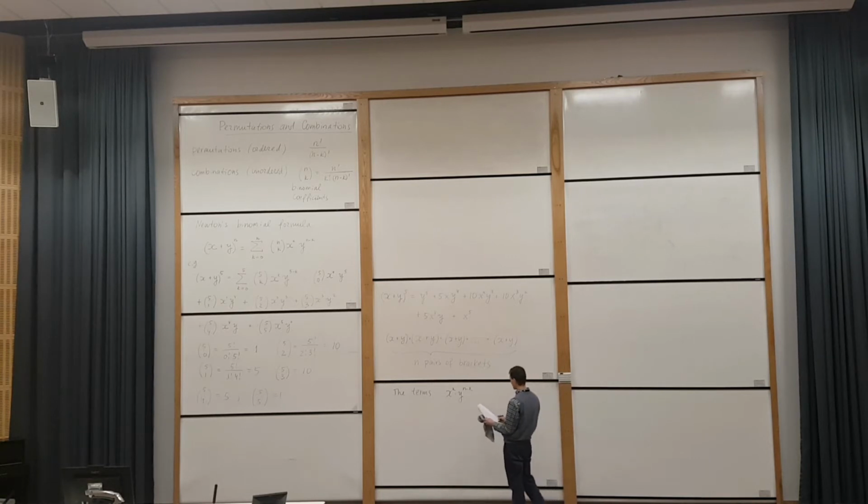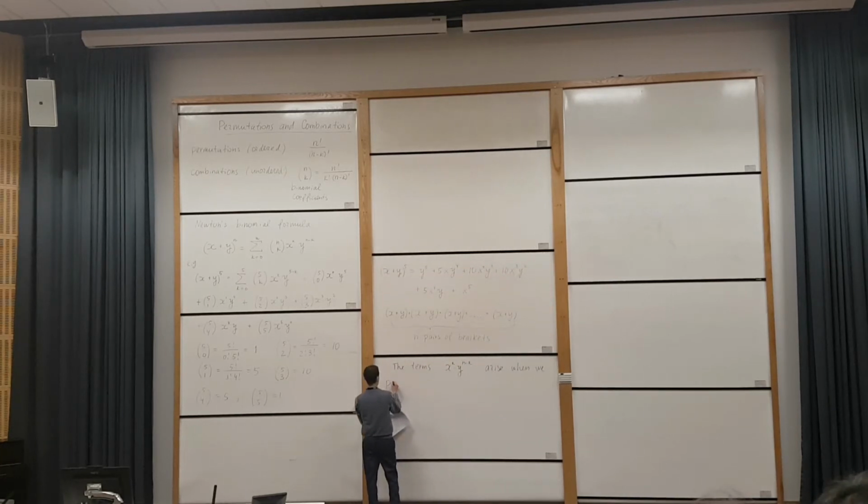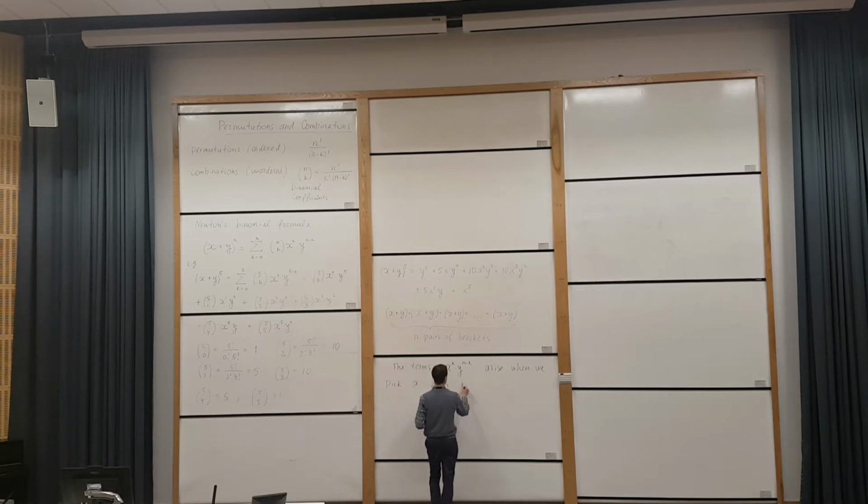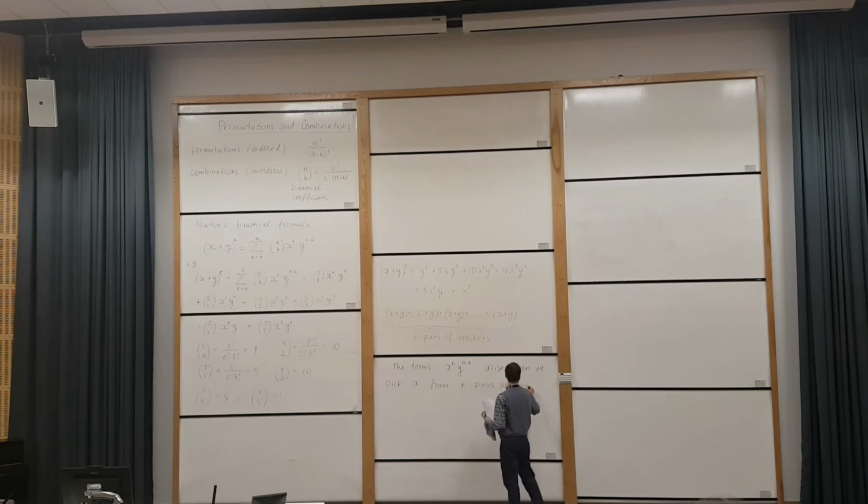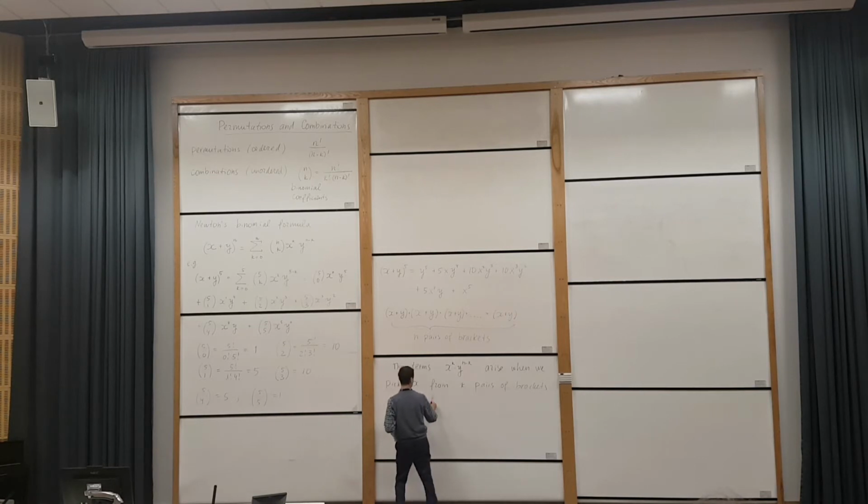And so all such terms arise when we pick x from k pairs of brackets and y from the rest of them.